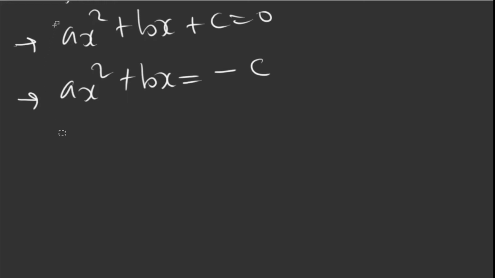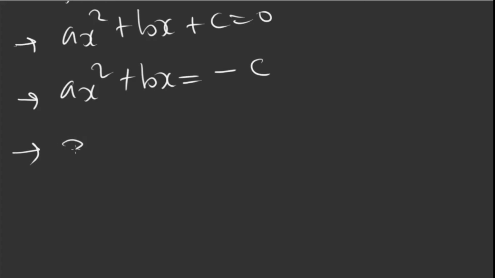Now after that we can factor out a. Yes, we can divide a throughout the equation. We were trying to make it simple so that x squared only has a coefficient of 1.